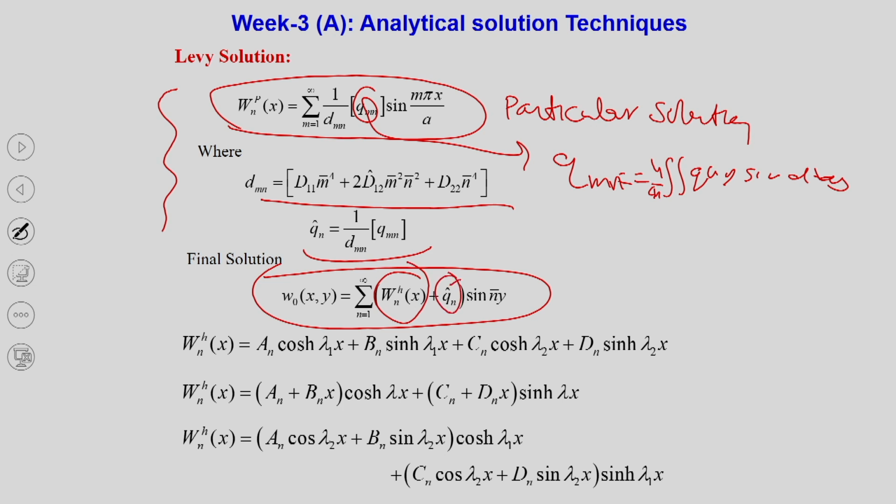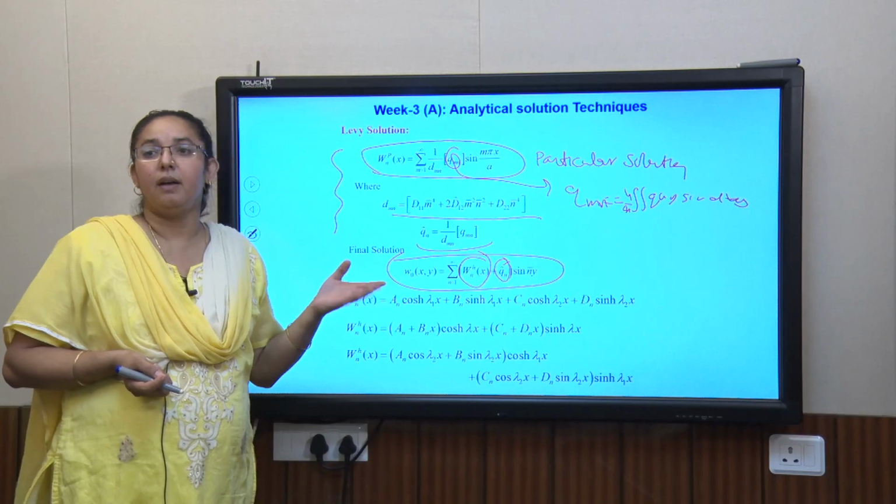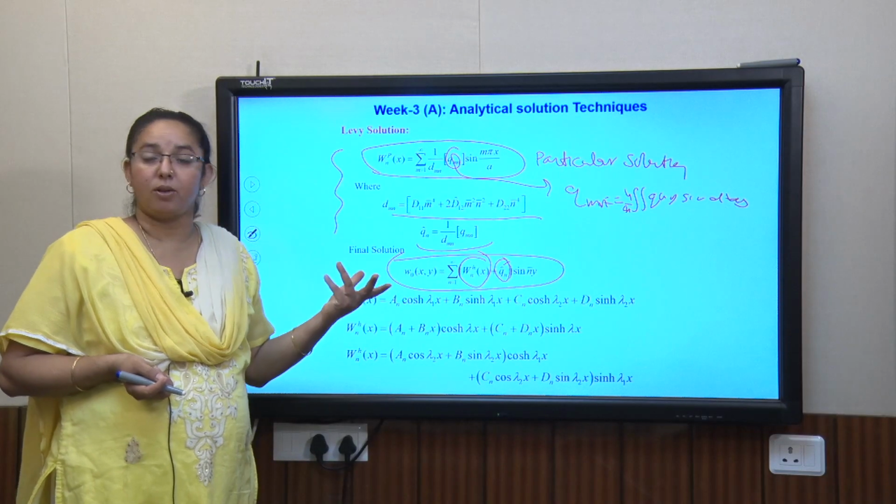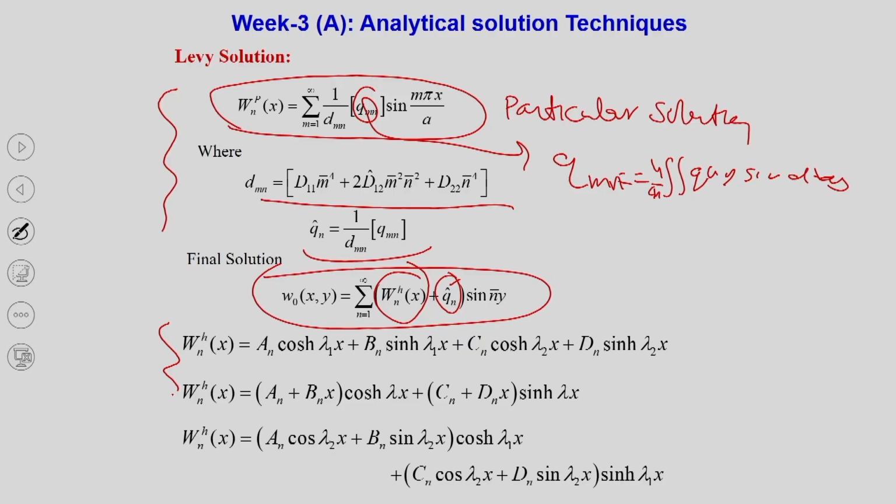Now the homogeneous solution depends upon the characteristic equation, that is lambda 4 roots, whether they are real, different, real or same, or complex conjugate. Based on that, this homogeneous form will vary. Now you see how to write a program to evaluate this W naught.